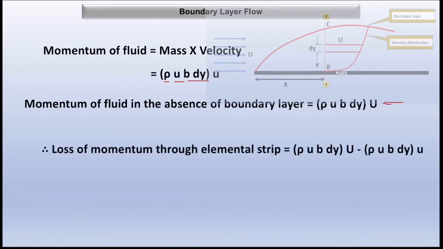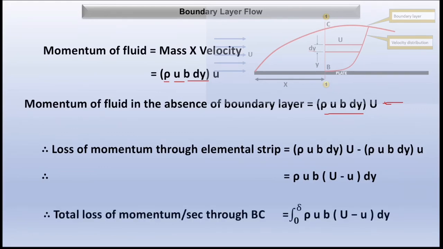So the loss of momentum through this elemental strip, we get by subtracting this equation from this equation. The momentum loss is rho into u into b into (U minus u) into dy. The total loss of momentum per second through the whole BC section we get by integration between limits 0 to delta, where delta is the boundary layer thickness.